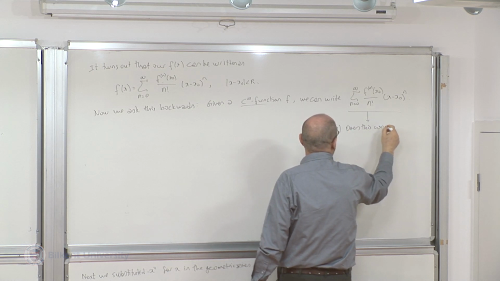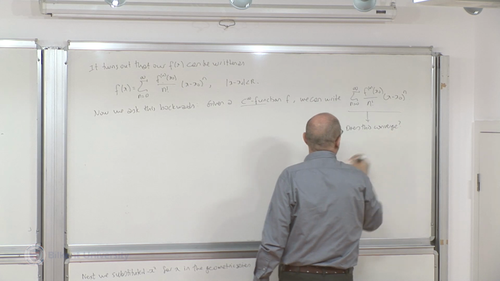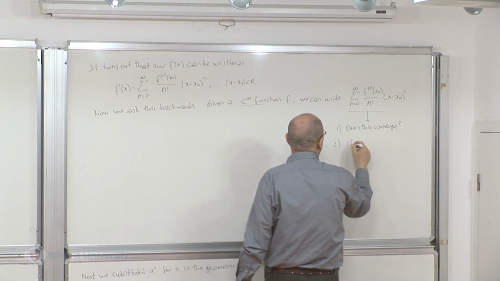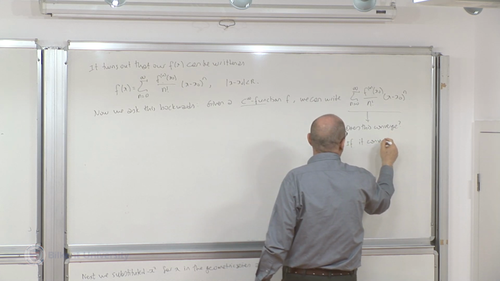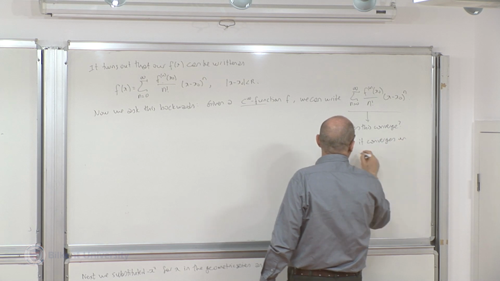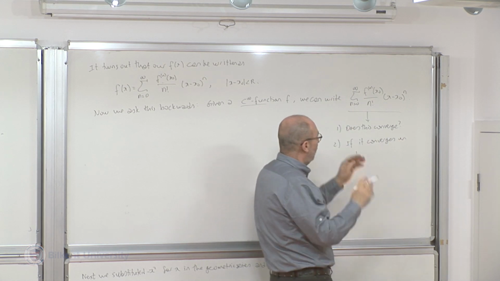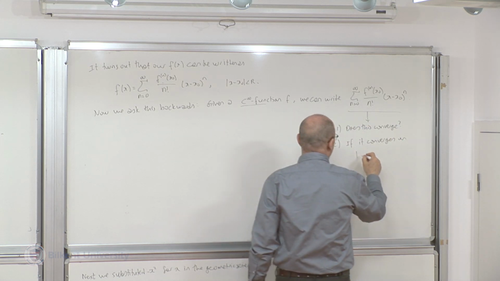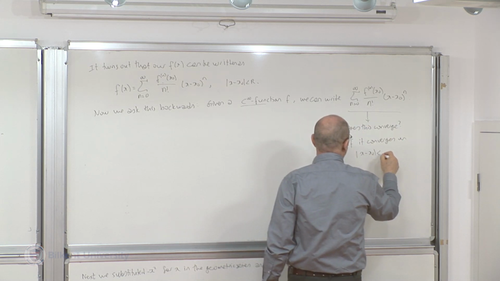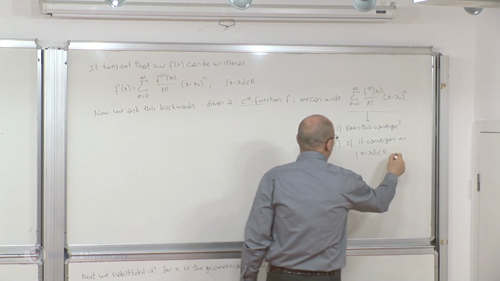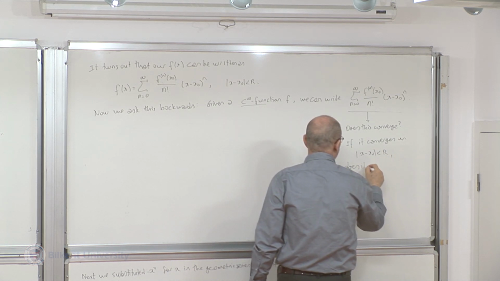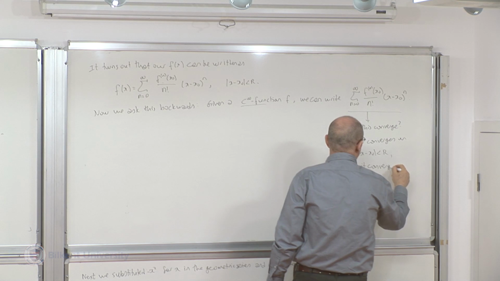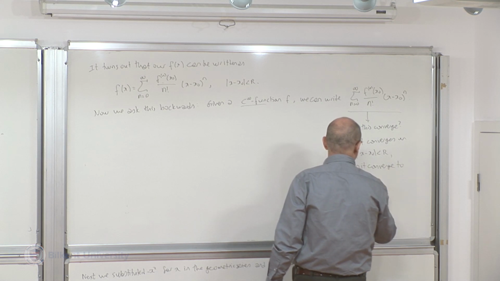And two, a power series converges on an interval symmetric around x sub 0. So if it converges on absolute value of x minus x sub 0 less than r, does it converge to f of x there?